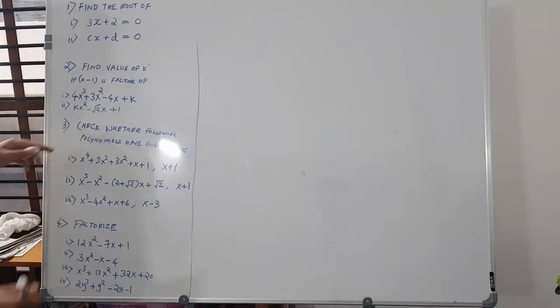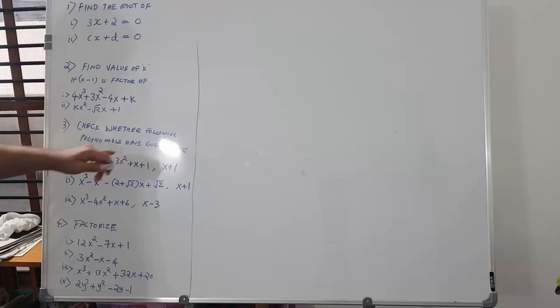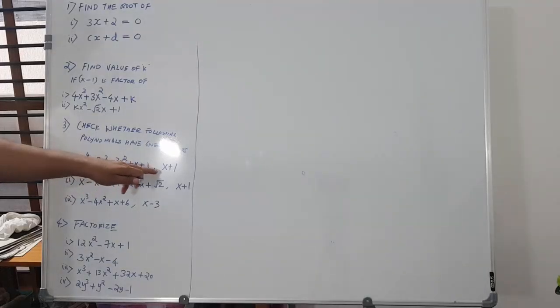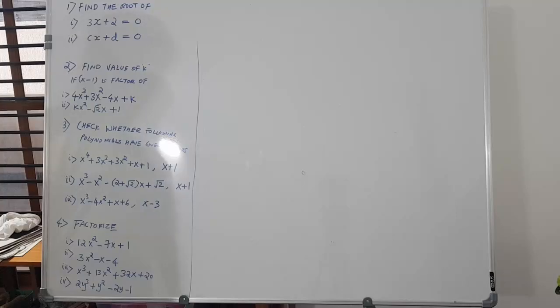So the next problem is, check whether the following polynomials have the given factors. So they want us to check whether x power 4 plus 3x cubed plus 3x squared plus x plus 1 has a factor x plus 1.